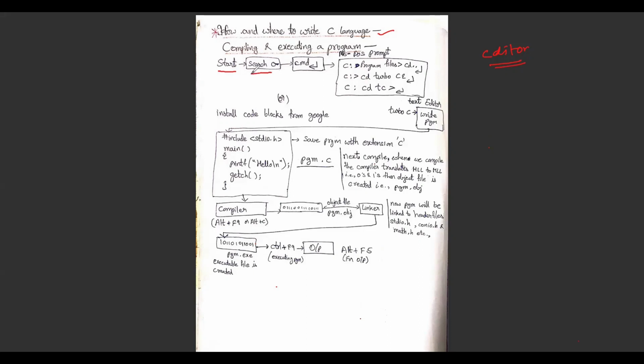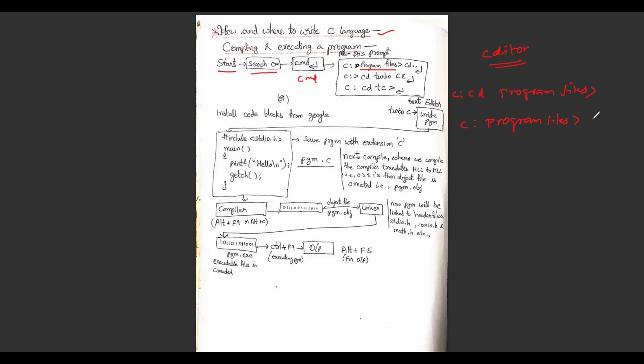In that search, you press enter, then you find the cmd command. In the command prompt, you enter cd space program files. So it will be c colon, cd program files.